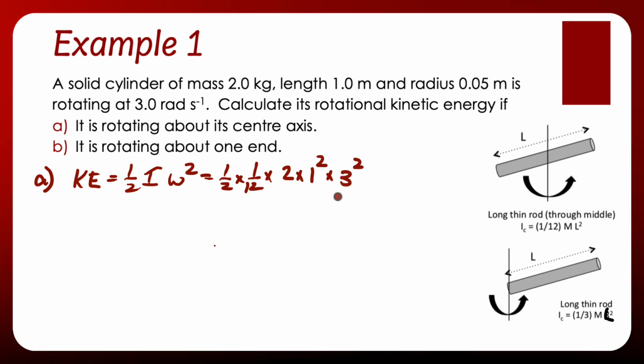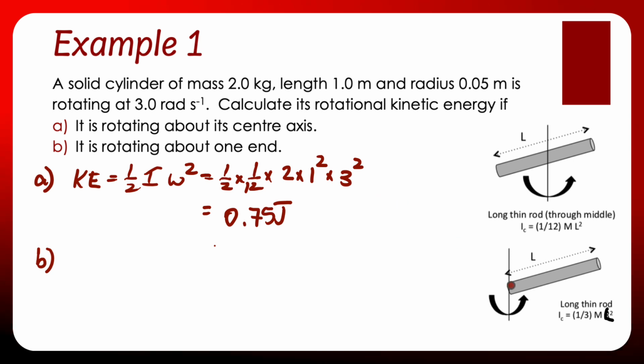This is a good time to mention that our angular velocity must be in radians per second, not revolutions per second. If you ever have a question with revolutions per second, you will have to convert the units. Using my calculator, I get 0.75 joules.